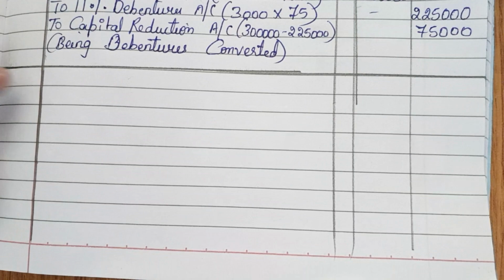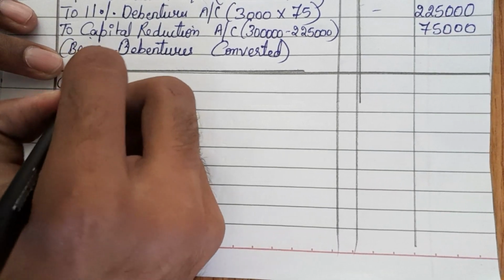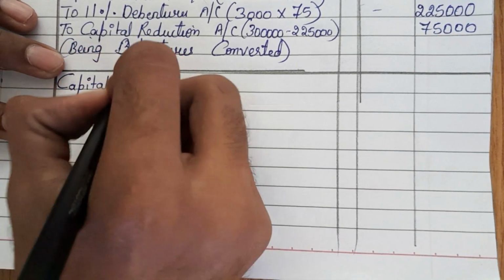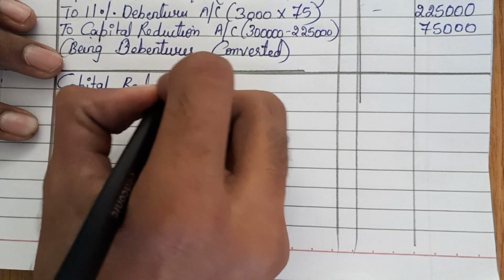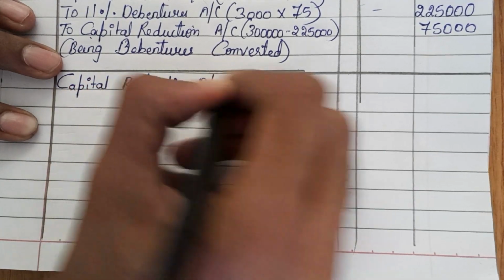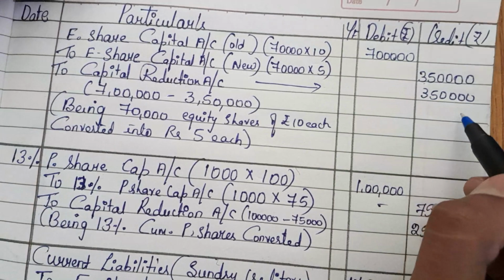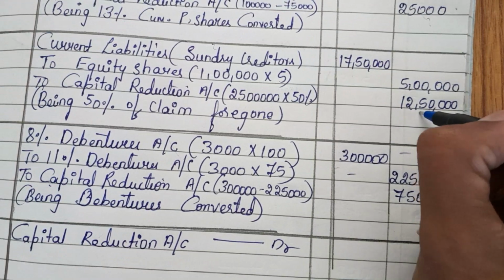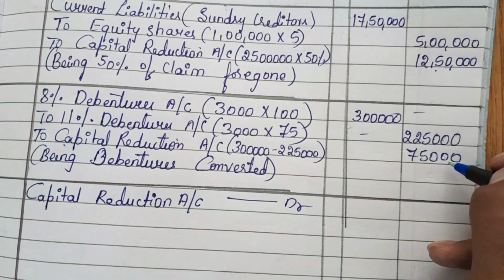Now the last entry is we need to adjust the capital reduction account. So right here, capital reduction account debit. See here, first capital reduction account, it is 3,50,000 plus here we have 25,000 plus we have 12,50,000 plus here we have 75,000.